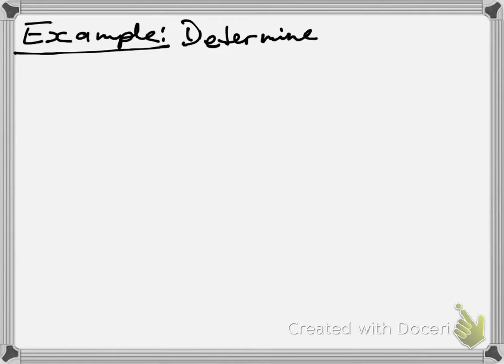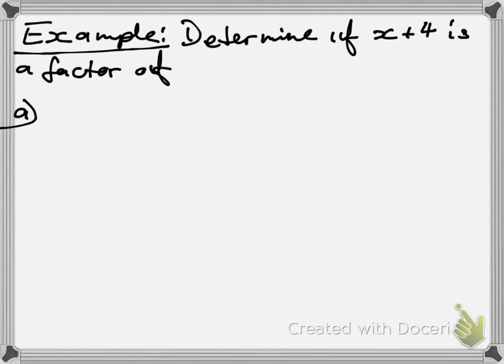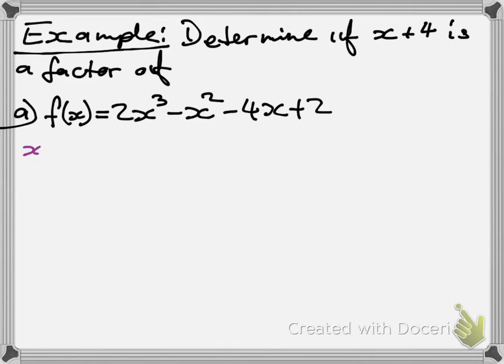Okay. Now, let's do some examples. Let's say they say, determine if x plus 4 is a factor of f of x, which is equal to 2x cubed minus x squared minus 4x plus 2. Now we want to find out, is it a factor?